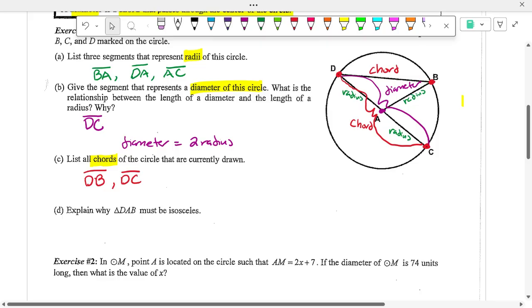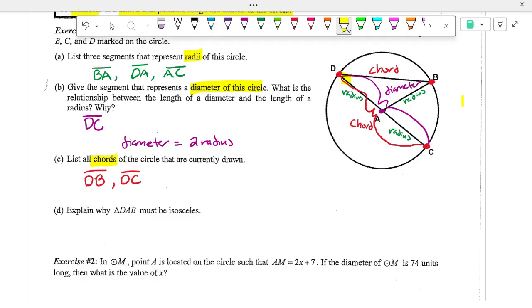Now, they want us to explain why triangle DAB, this triangle right here, is isosceles. So first off, what does it mean for a triangle to be an isosceles triangle? That's equilateral. Two sides are equal. Two angles are equal, two sides are equal.